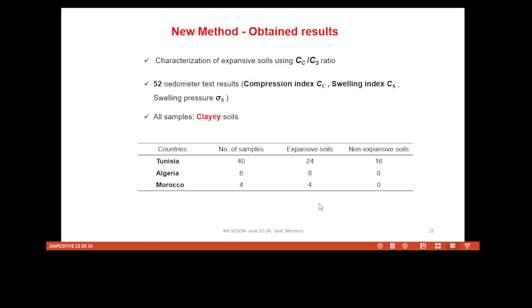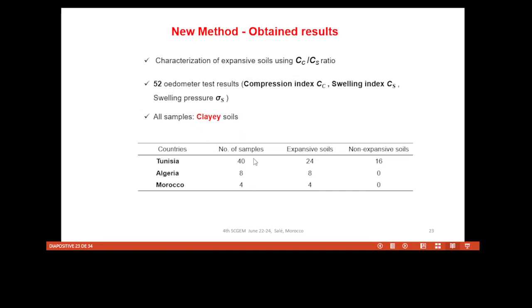As a matter of fact, during a PhD work prepared by a fellow, Sergio Maninievi, that I was supervising, we considered the characterization of expansive soil using the CC by CS ratio, and we collected 52 Oedometer test results with the values of the compression and swelling indices and the swelling pressure value, and all samples were clay.